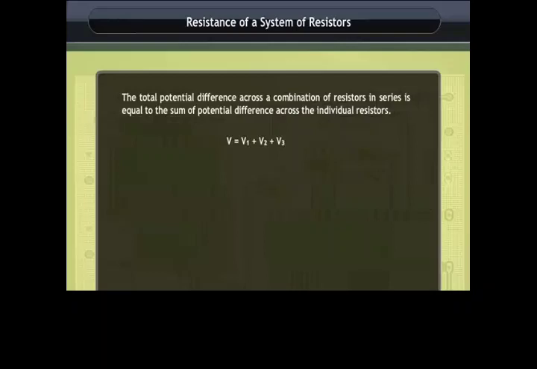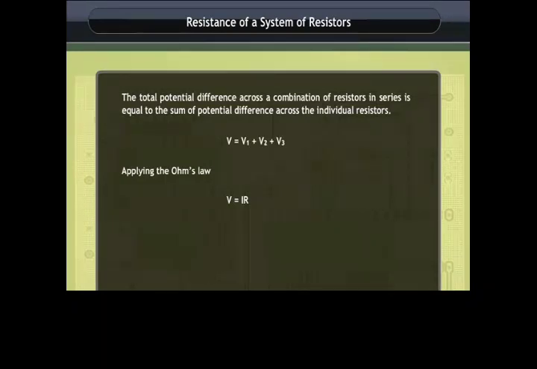Let I be the current through the circuit. The current through each resistor is also I. It is possible to replace the three resistors joined in series by an equivalent single resistor of resistance R, such that the potential difference V across it and the current I through the circuit remain the same. Applying Ohm's law to the entire circuit, we have V = IR.